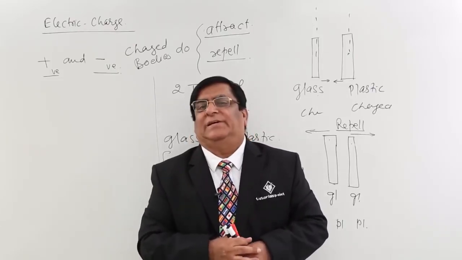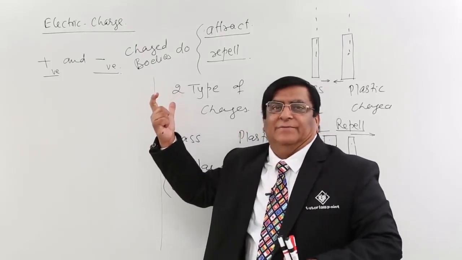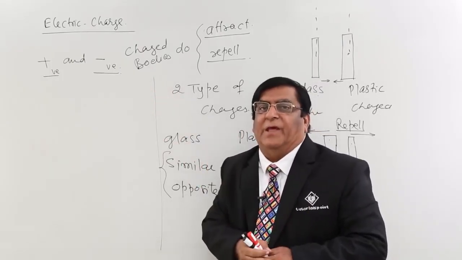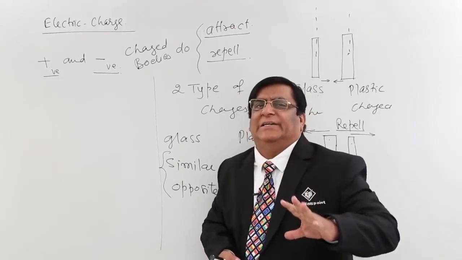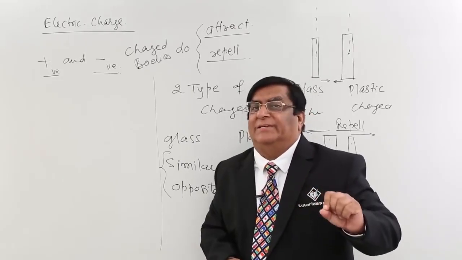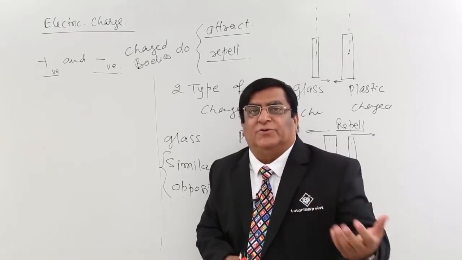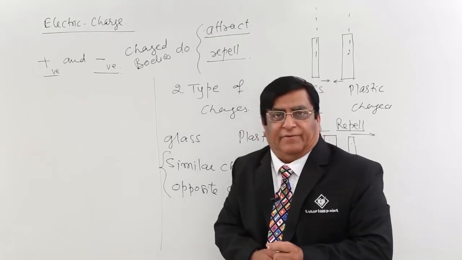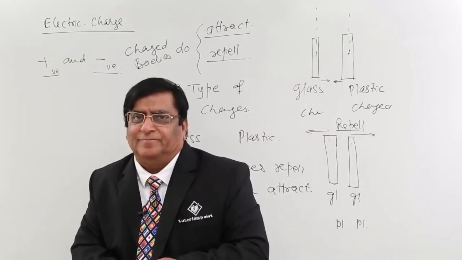But here, the names he has given are positive and negative. What a strange type of name, why was this given? This is a question which is not generally asked, but in very peculiar examinations, it may be asked. And you may also be interested to know why these were given. The reason is very simple, you will also agree.